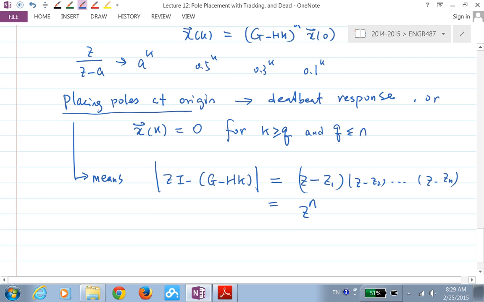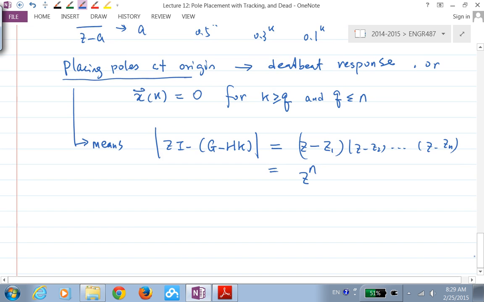So let's take a look at an example now. Let's take an example. I'm going to try to design a deadbeat response for the double integrator. If you remember, in the previous lecture we had a double integrator, right?